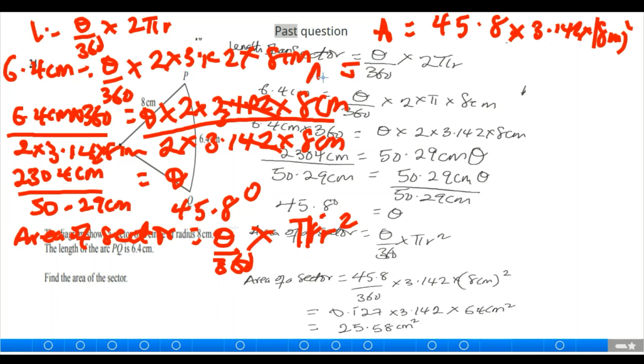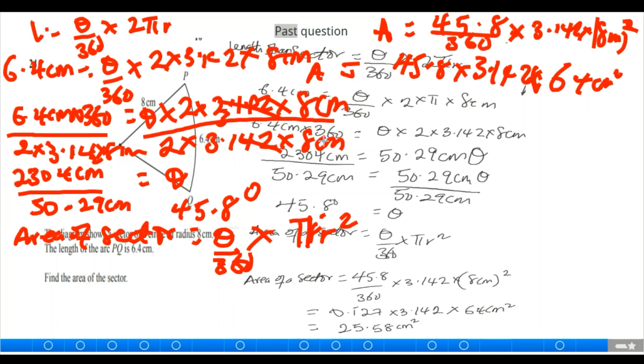So A equals 45.8 multiplied by 3.142 multiplied by 8 times 8, since we are dealing with a square here, that is 64 centimeters squared. Remember, we are dividing this by 360.